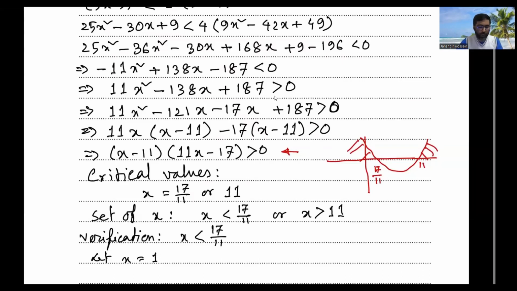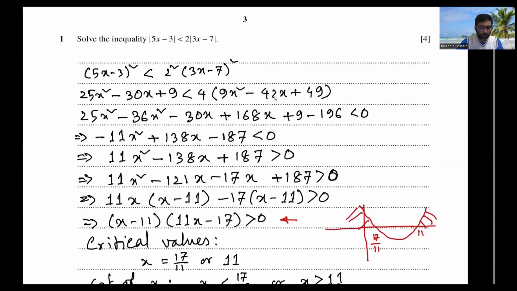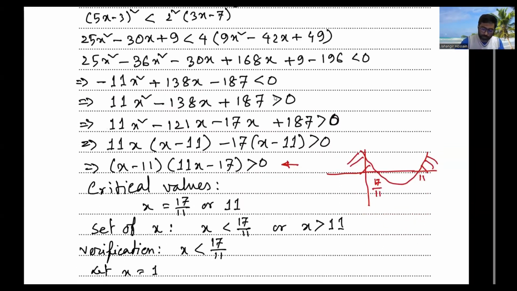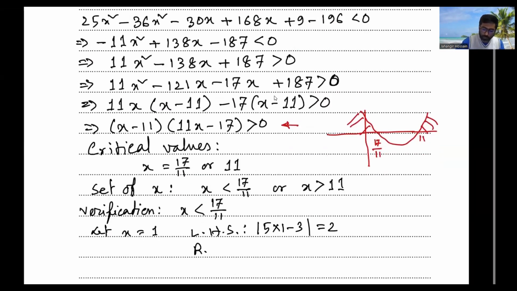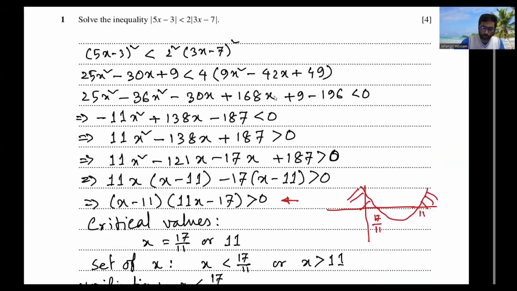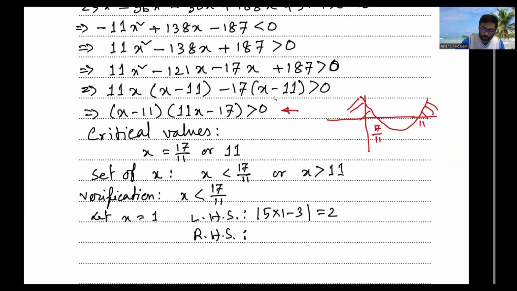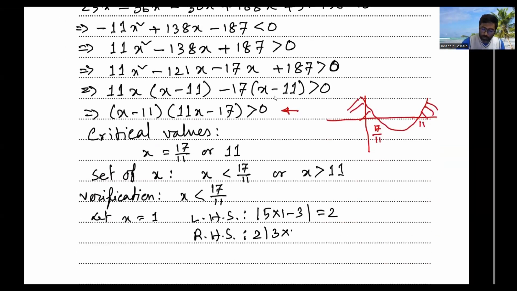And for x equal to 1, what is the value of the left-hand side? You see, left-hand side becomes modulus of 5 into 1 minus 3, that's 2. And what about the right-hand side? The right-hand side, we have 2 times modulus of 3 into 1 minus 7.